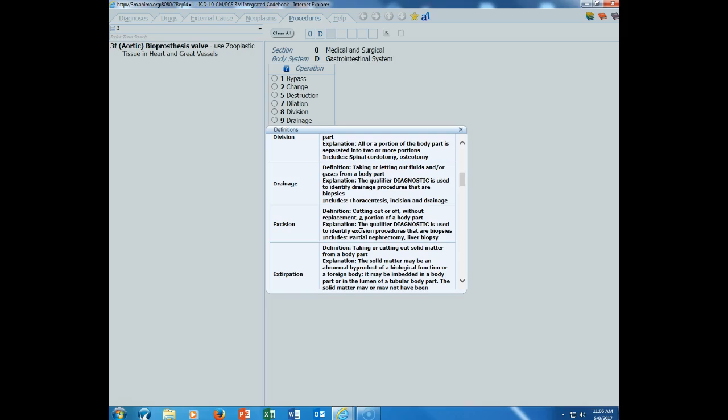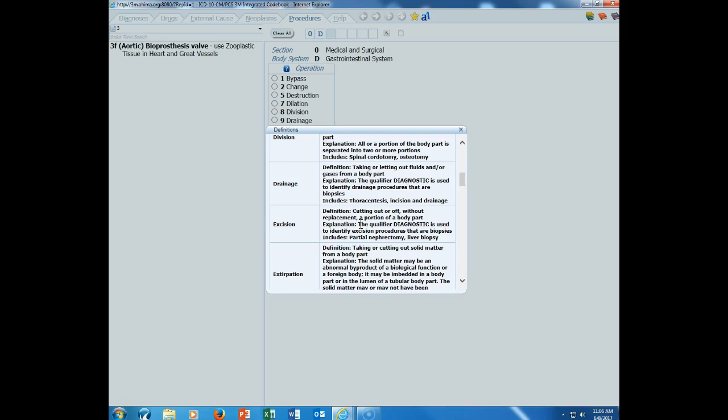Sometimes physicians will say that they're excising the left breast. Well, they're cutting the entire breast off, but from a root operation standpoint, they're performing a resection, not an excision. So you can't always look at the terminology that the physician uses and code specifically from that terminology. You have to be able to read that operative report and understand what's being done.